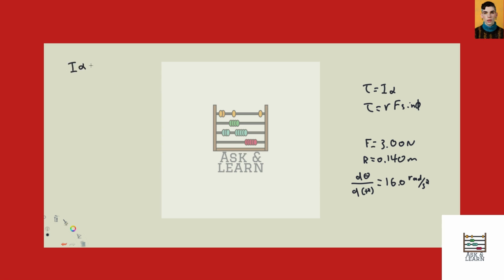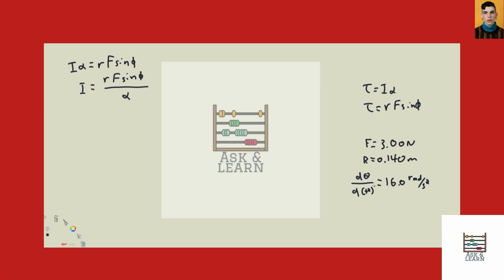Moment of inertia times alpha equals r f sine phi, and then isolate the moment of inertia: r f sine phi over alpha. Okay, and now we have everything on top. All we need to find is alpha, which we can do using this information about the graph that's presented to us.